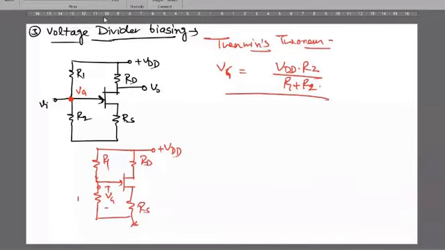Okay, now you know this Ig goes to 0. Ig goes to 0 in this case of FET. So you can see similar current will be flowing through these two resistances R1 and R2, and it will be ID because ID equals IS when Ig equals 0. So always keep this in your brain. Ig equals 0, so ID equals IS.